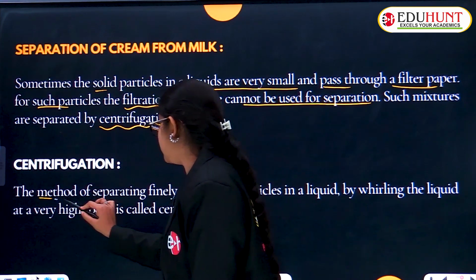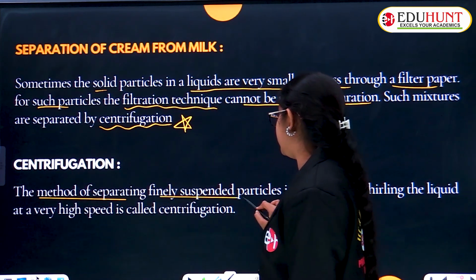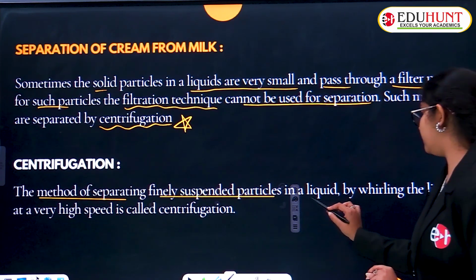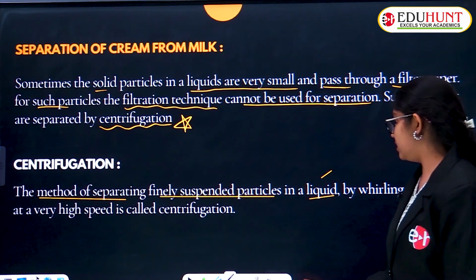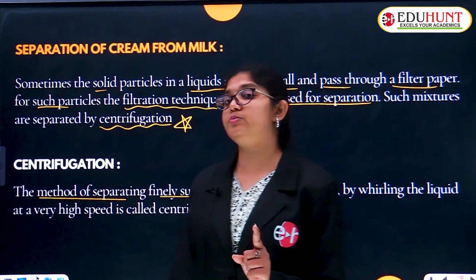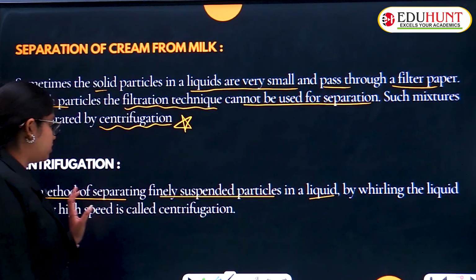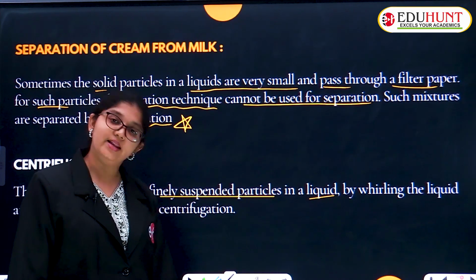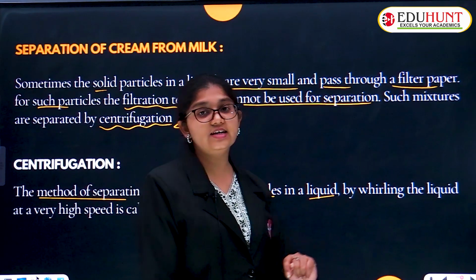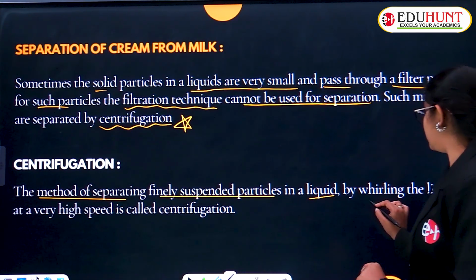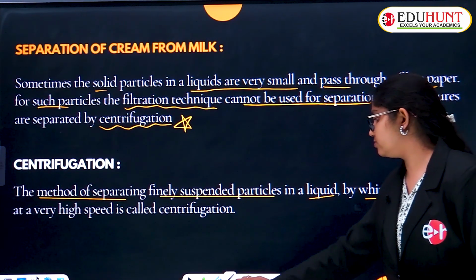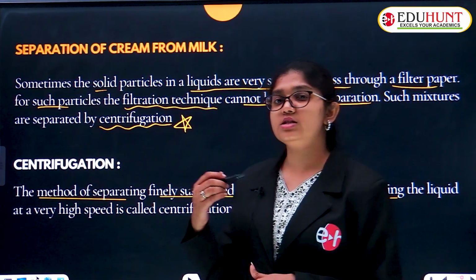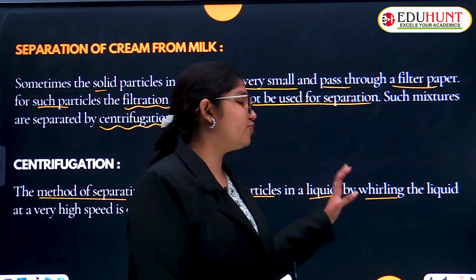The method of separating finely suspended particles in a liquid by whirling. Liquid is important over here; it definitely should be a liquid. Do you know what is meant by whirling, children? Whirling is nothing but rotating or spinning with some force or speed.